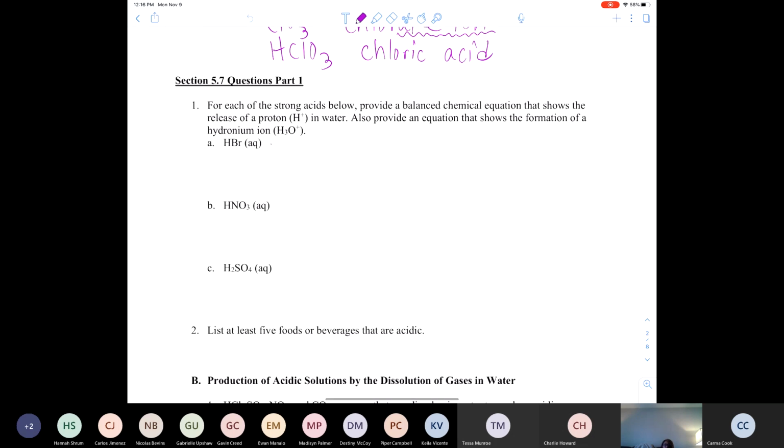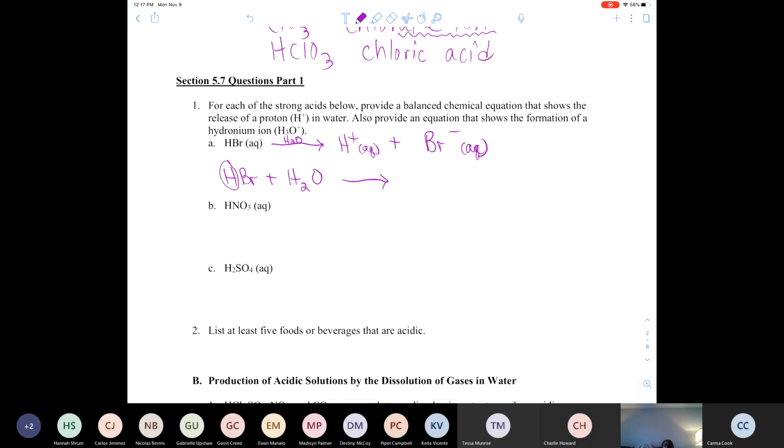So for HBr, it's going to break apart into H+ and Br minus. And then my second equation that shows the formation of the hydronium ion, I actually show it reacting with the water.